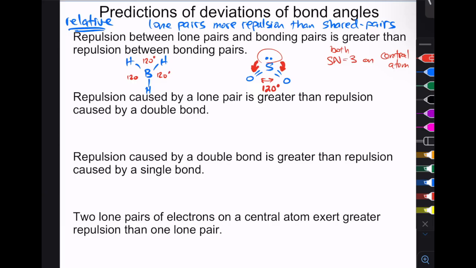And that's because the 120 degrees happens when the repulsion is all due to shared pairs. But now we've replaced one of the shared pairs with a lone pair. That lone pair is not as restricted in its probabilistic space.